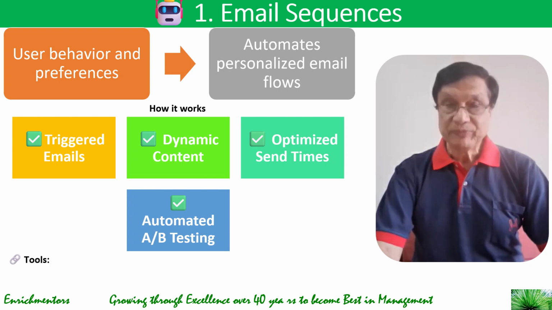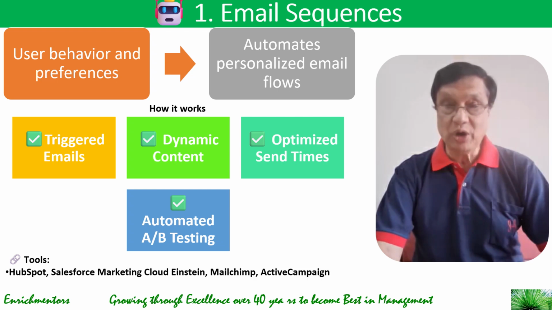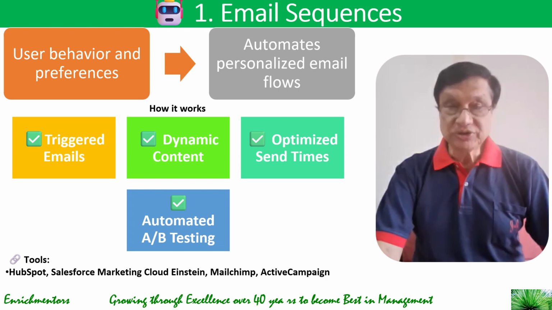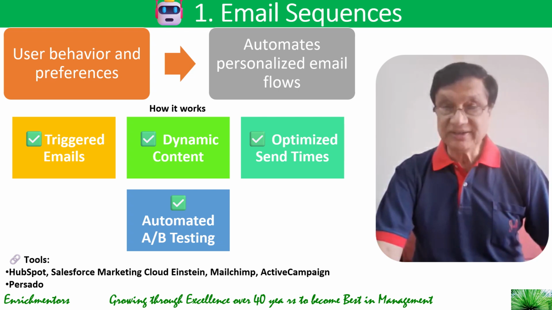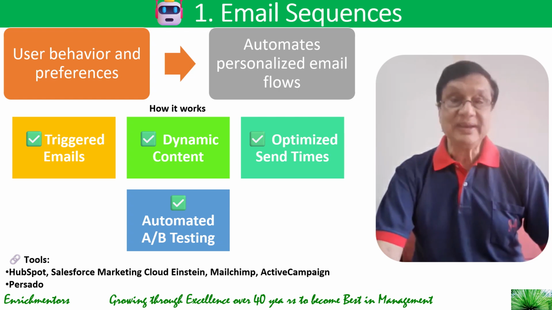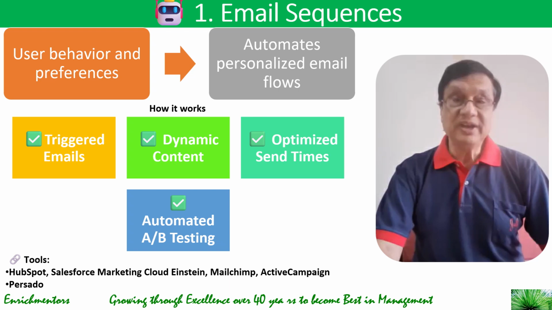You can use HubSpot, Salesforce Marketing Cloud Einstein, MailChimp, ActiveCampaign for automated email journeys. And you can also use Persado for AI generated subject lines and content optimization. So that's how AI can help you do better email sequencing.